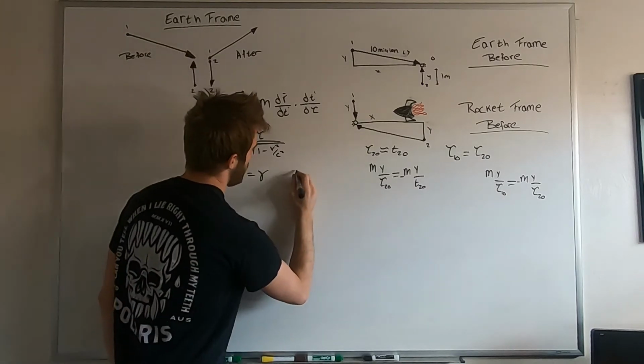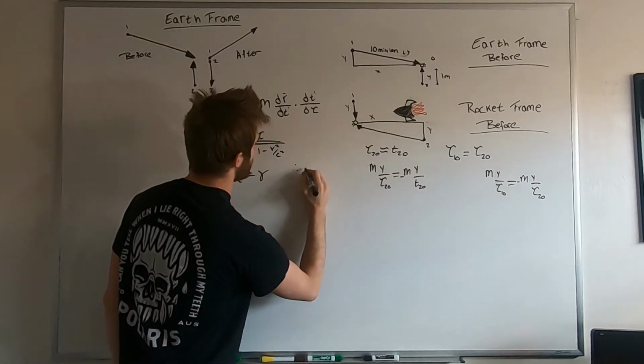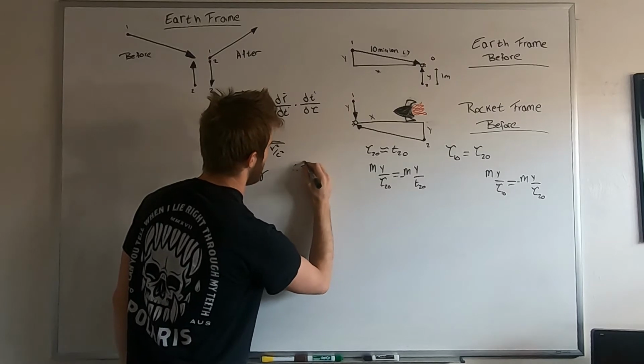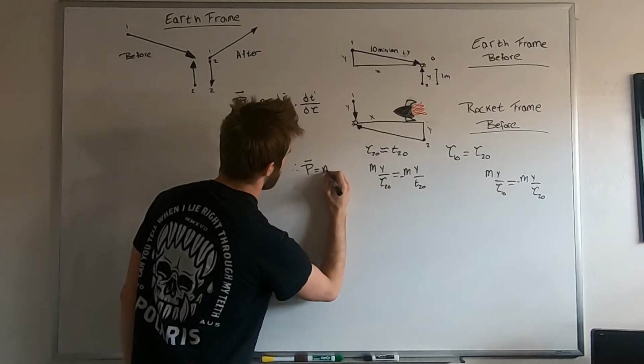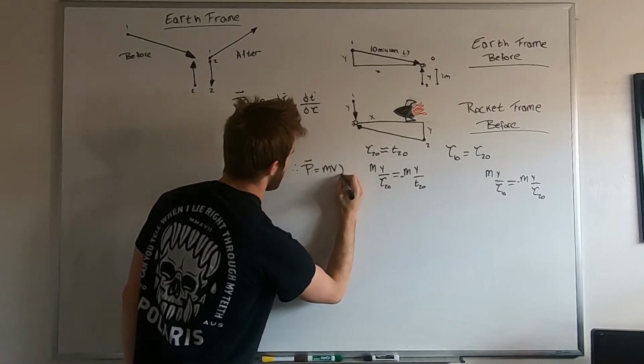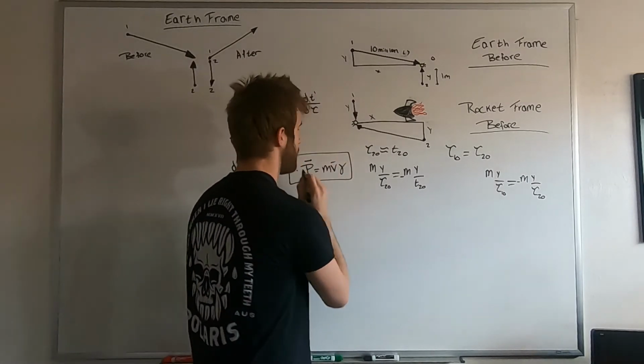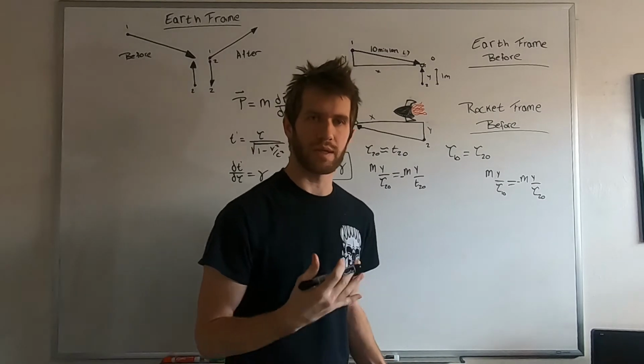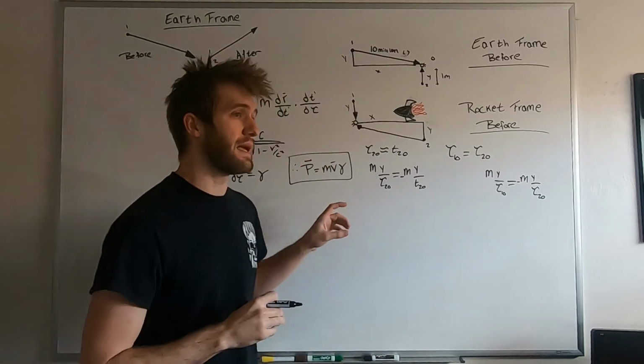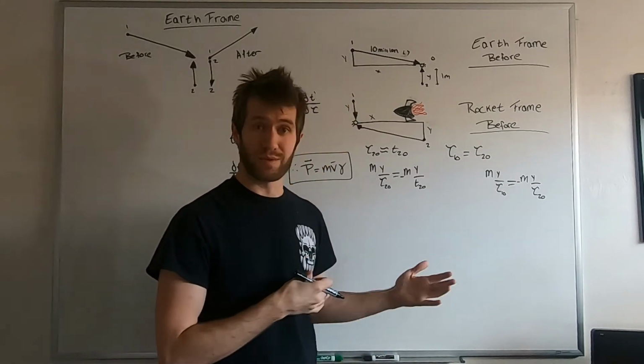Therefore, we just have our new momentum equals m v gamma. Okay? And this is our new momentum equation, and that is a key idea in developing E equals mc squared.